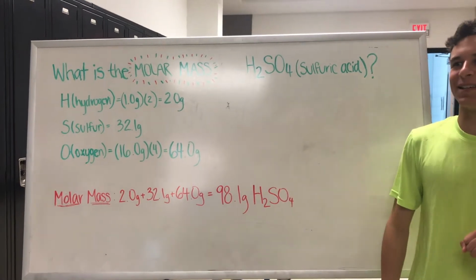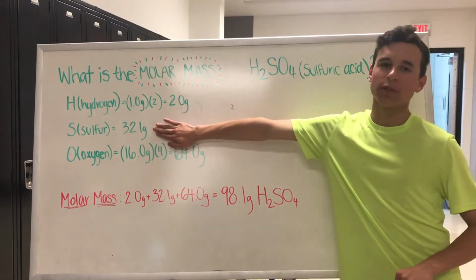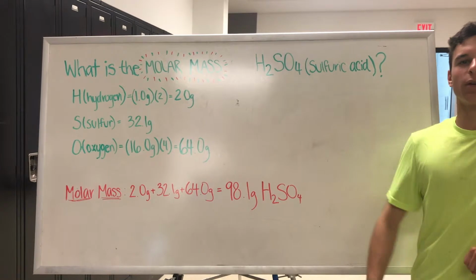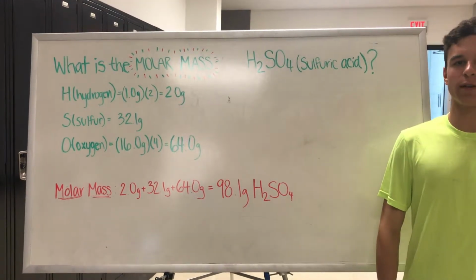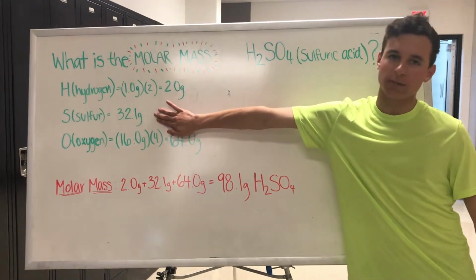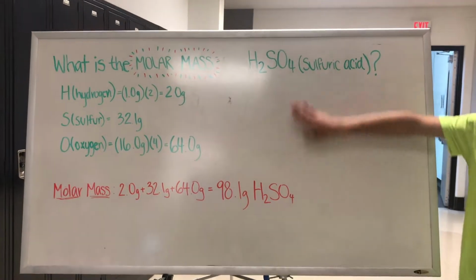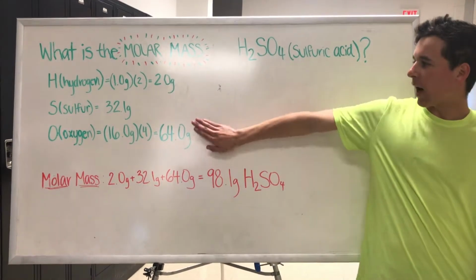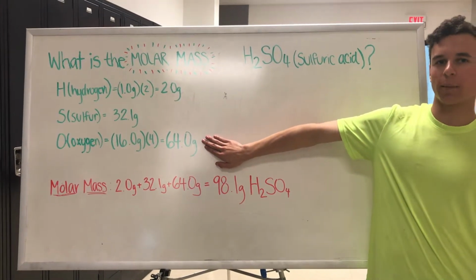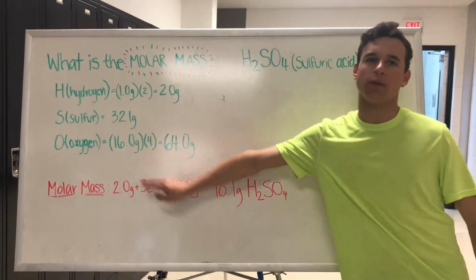Now, we take the same thing and we apply it to the sulfur. The atomic weight of sulfur is 32.1 AMU, and we translate that into 32.1 grams in 1 mole, because there is 1 particle in the formula. And now we look at oxygen, which has an atomic weight of 16 AMU.